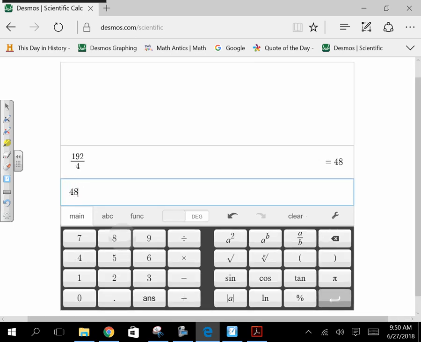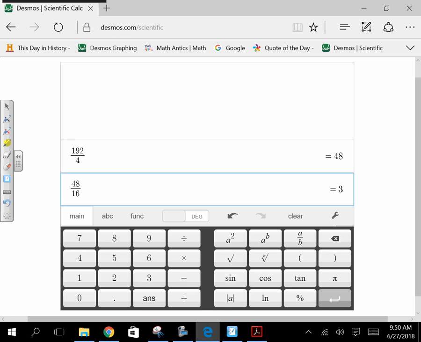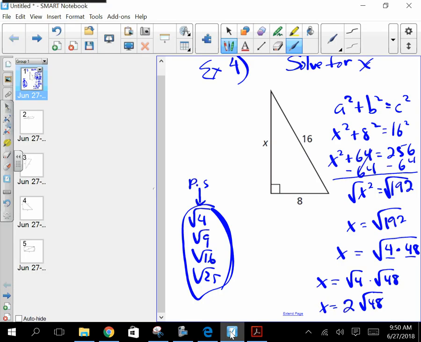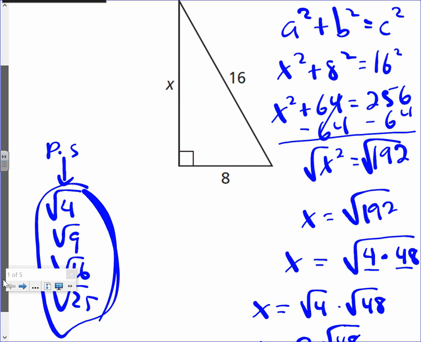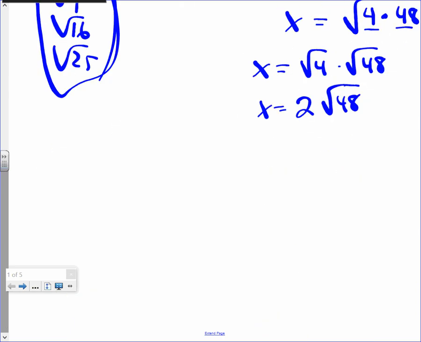There it is, okay, 3 times. Watch this. 16 is a factor of 48, so I can rewrite 48 as 16 times 3.